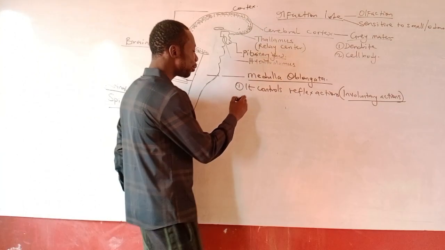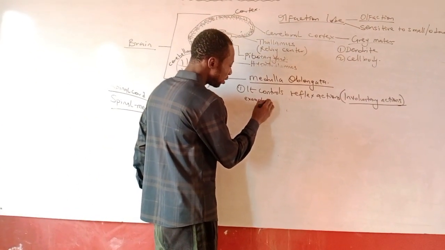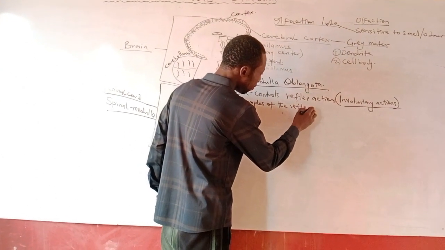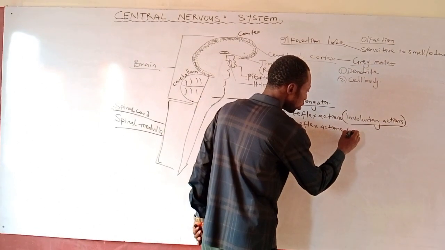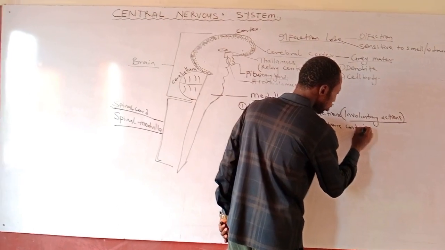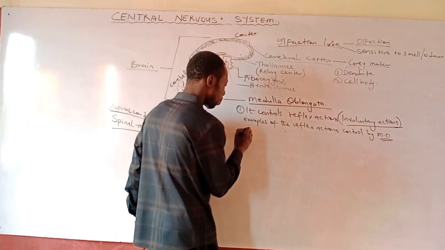What are examples of the reflex actions controlled by the medulla oblongata?